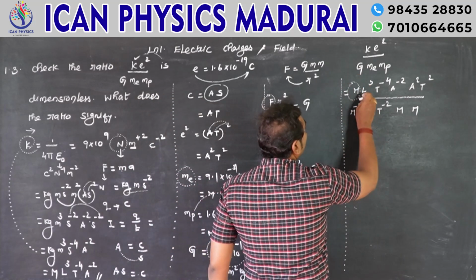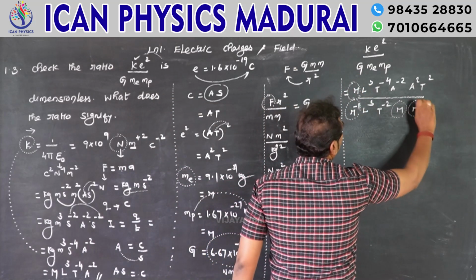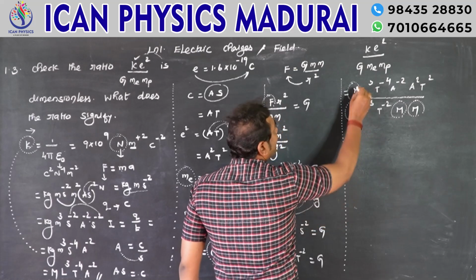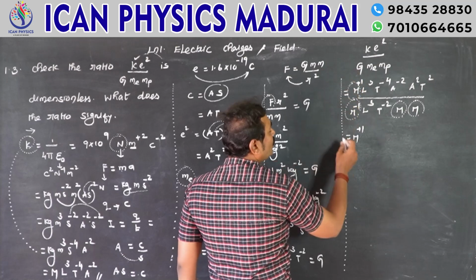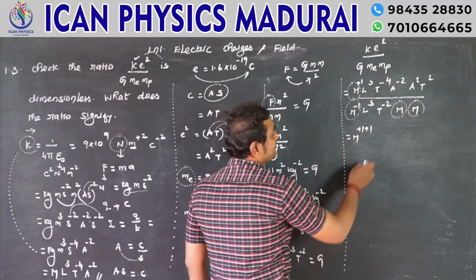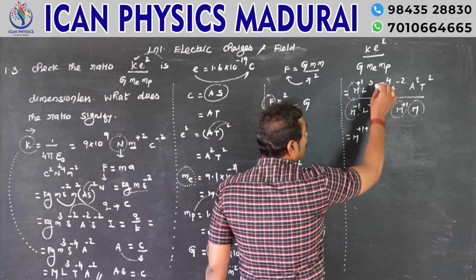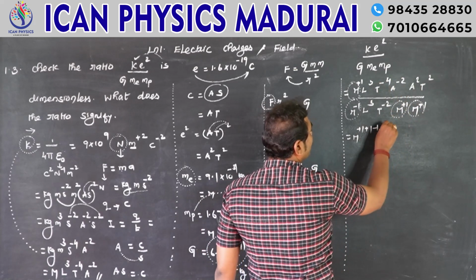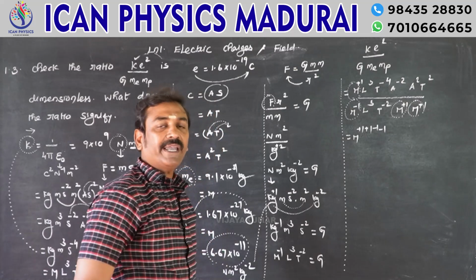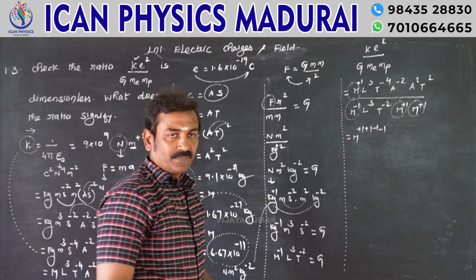So M. Here it is having plus 1. The minus 1 goes to the numerator as plus 1. Here power plus 1 goes to the numerator as minus 1. Here plus 1 goes to the numerator as minus 1. Do you get it now? Any doubt? No doubt.